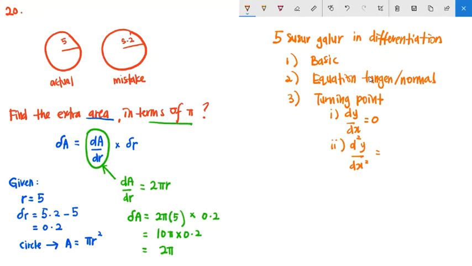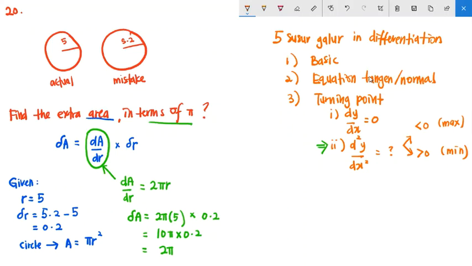Okay, sama dengan berapa. Okay. If less than 0, then this one is max. Okay. If greater than 0, then this is min. Okay. So yang ini tadi, yang number 2 ni, I tak lupa nak cover dekat dalam overview tadi. Ini ini. So note balik dalam muka tadi.